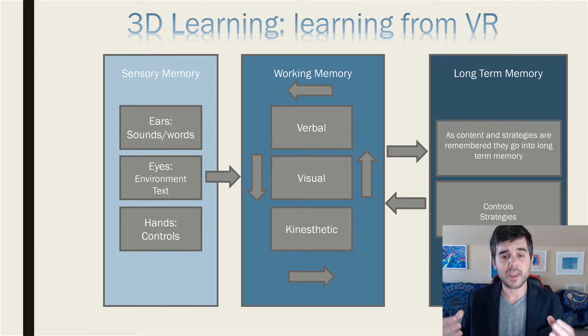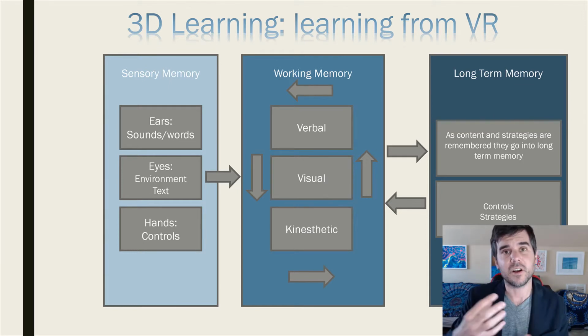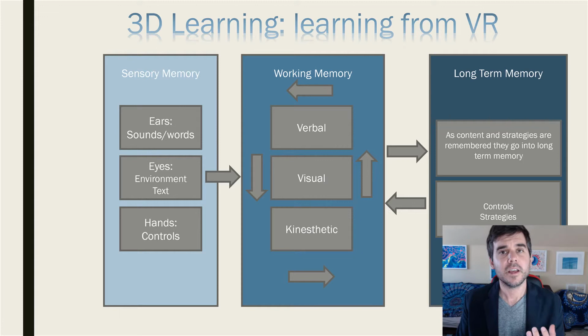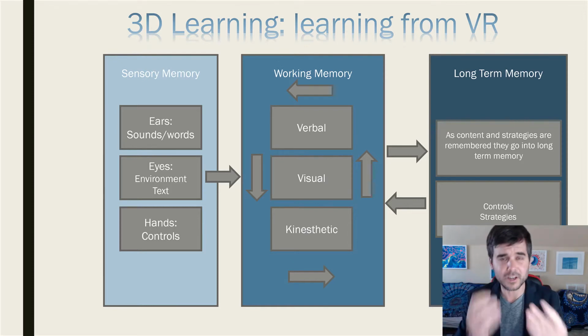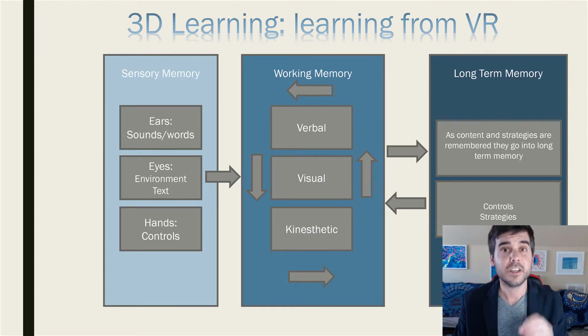And then we would take that stuff from our long-term memory and form our concepts, solve our problems. But the idea of how we learn from VR is that we're formulating all this stuff in working memory. Prior theories have really just focused on this dual coding theory, that we can see and we can hear, or we could read text and look at pictures, that verbal and visual, or verbal and nonverbal channels.